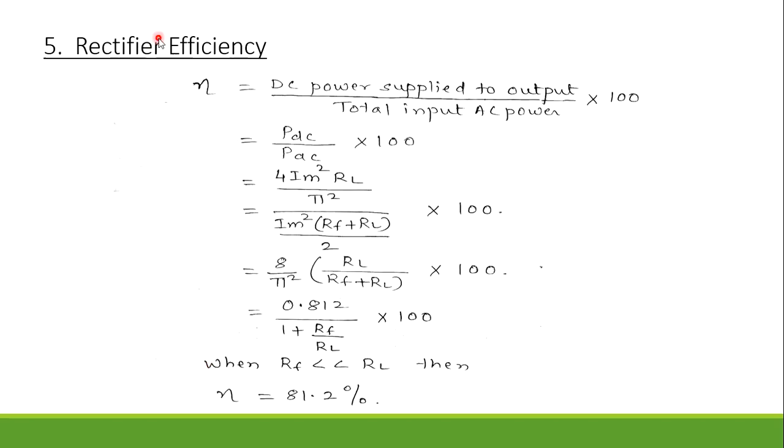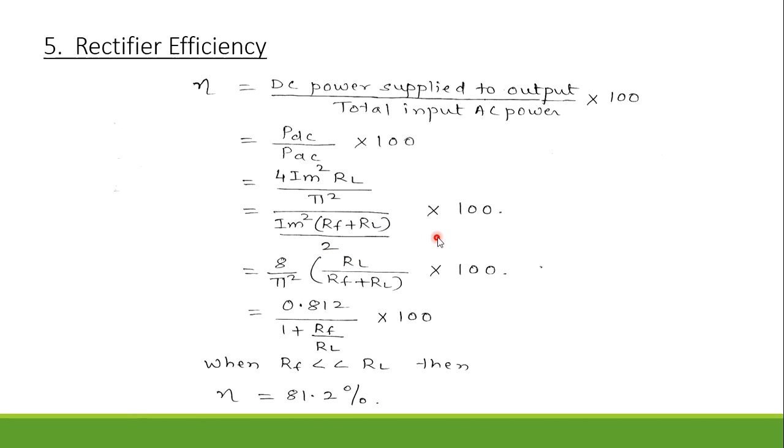Then we have the rectifier efficiency. The efficiency is equal to the ratio of the DC power supplied to the output to the total input AC power, into 100. So PDC divided by PAC into 100. PDC we have just seen is 4 Im square RL upon pi square. PAC is Im square into RF plus RL divided by 2.